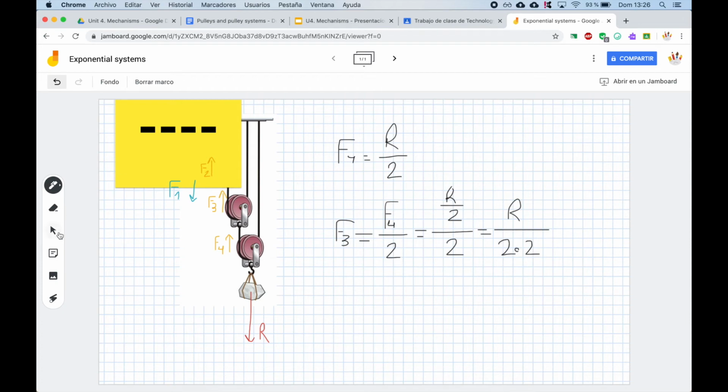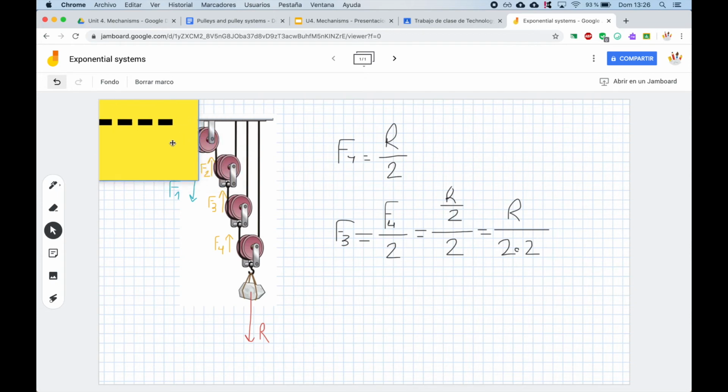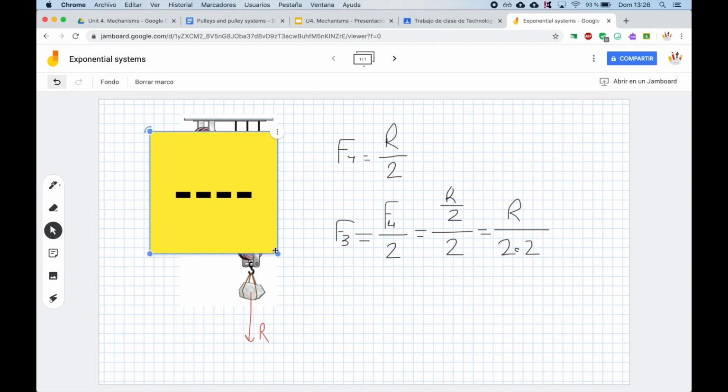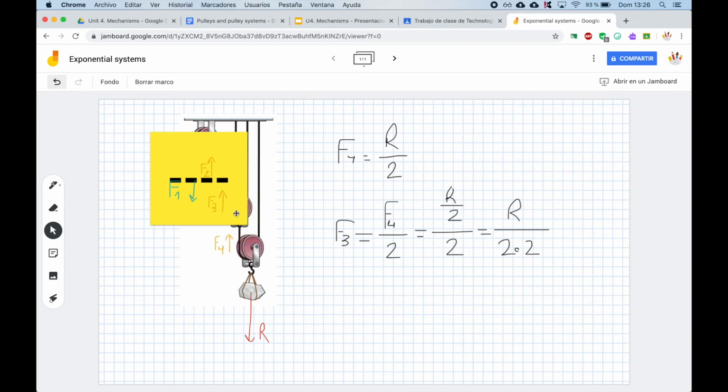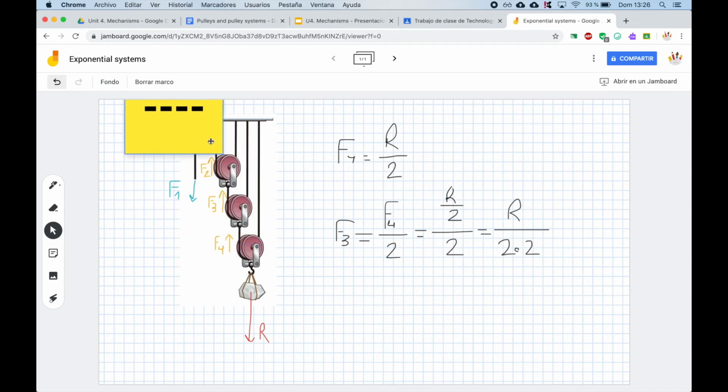Now let's see the other one, which is F2. You're going to see it here, this way. Yes, we want to analyze this one.